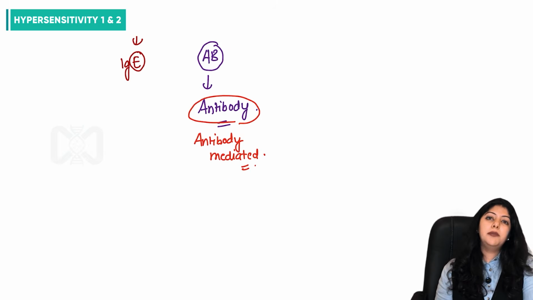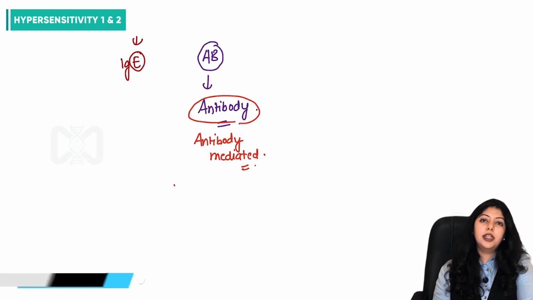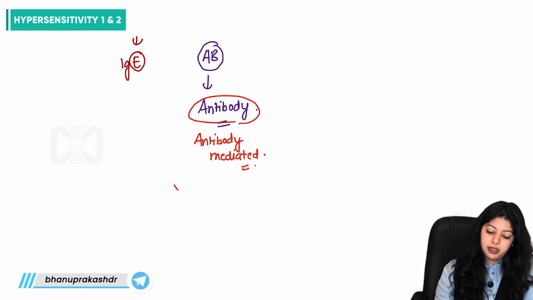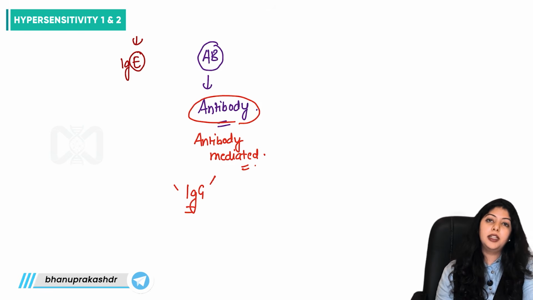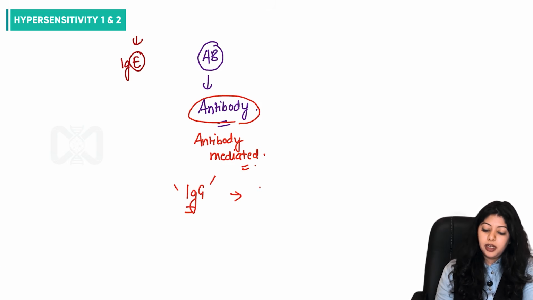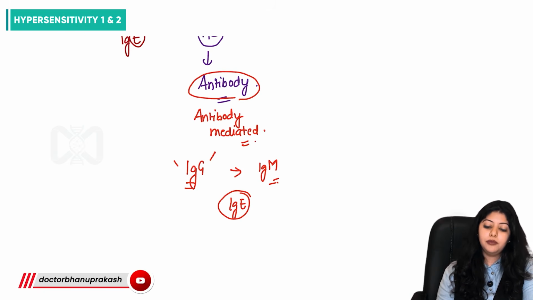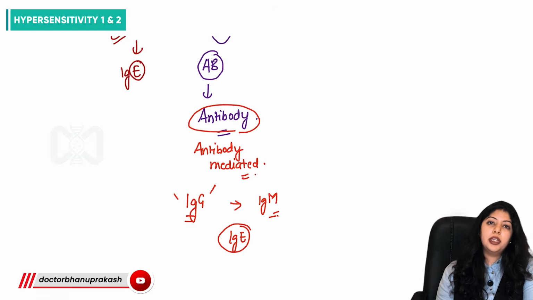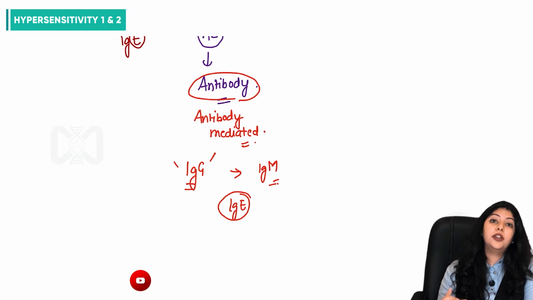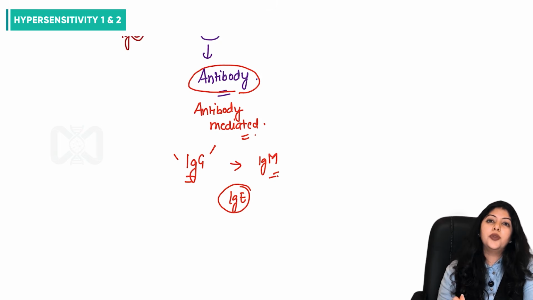And what are the most common antibodies associated? IgG antibodies are the most common antibody associated with type 2 hypersensitivity, but it can be IgM at times, and in one exception, it can be IgE antibody, which we will discuss in a later section. So now the antibody is going to lead to the hypersensitivity reaction.